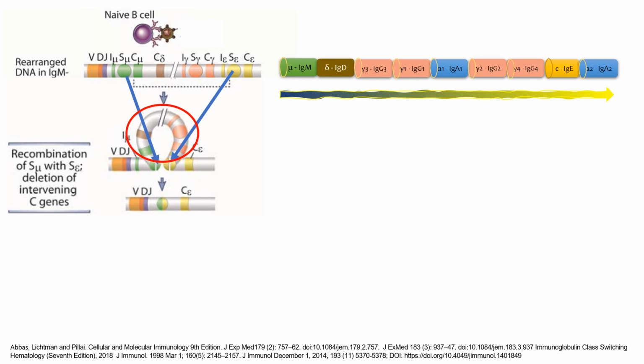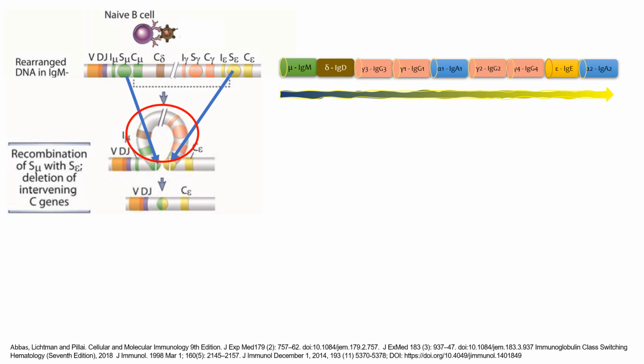So once a cell has switched to a particular isotype gene, using the switching regions as identifiers for that binding, it splices out everything else so it can never go back in the other direction. So it always goes in the direction from left to right, as I showed in the cartoon.